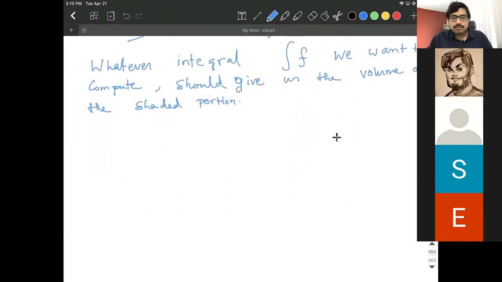Okay, so with this in mind, let's try to do it step by step. Now, okay, so once again, sticking to R2, let me call it the first approach.